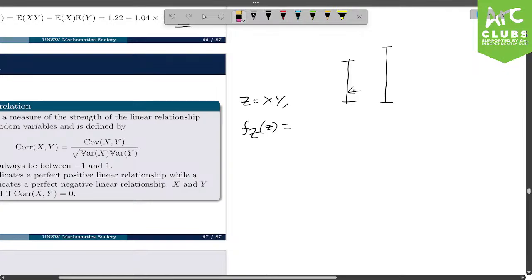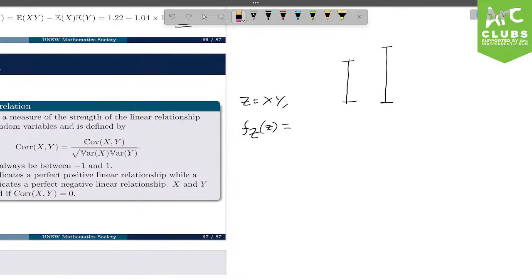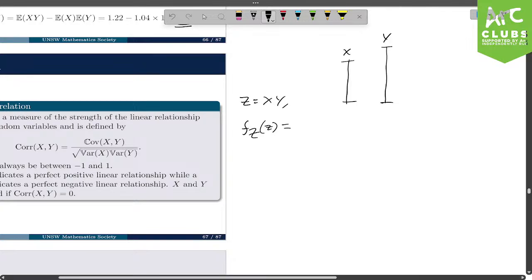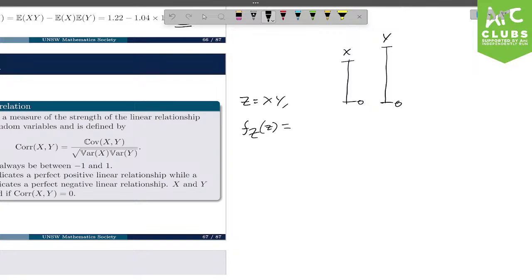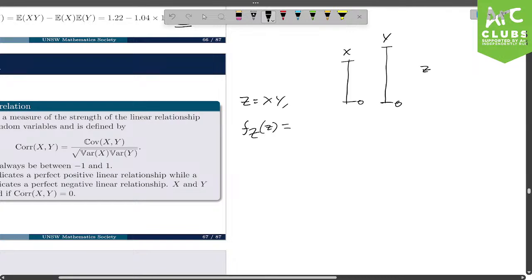If for z equals the product of x and y, I take this one as x, this one as y, from 0 to those values, distributed maybe uniformly, then to make some very specific value z, there is some correlation like this, right?